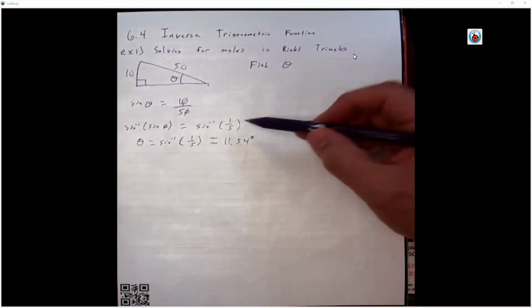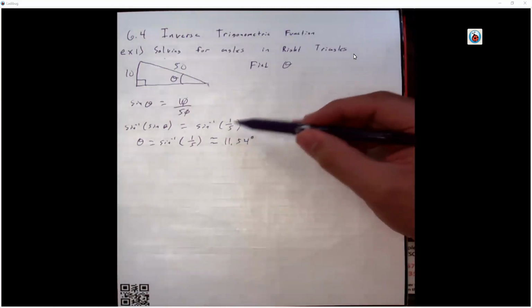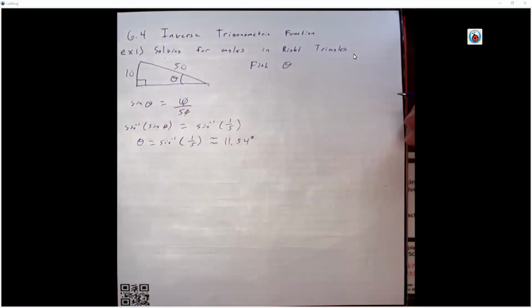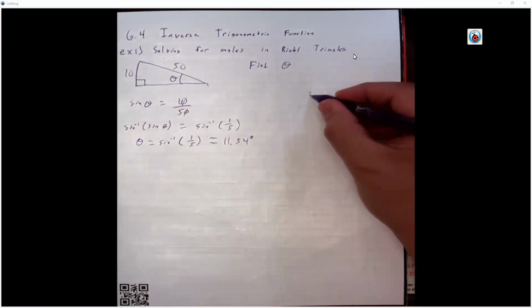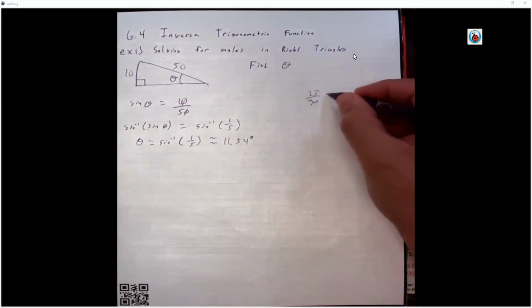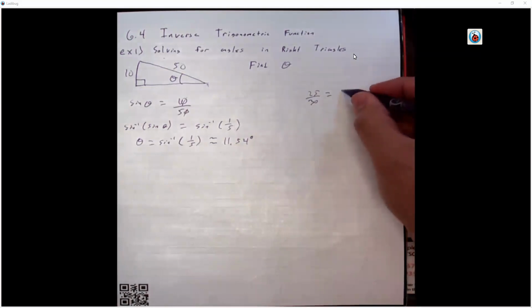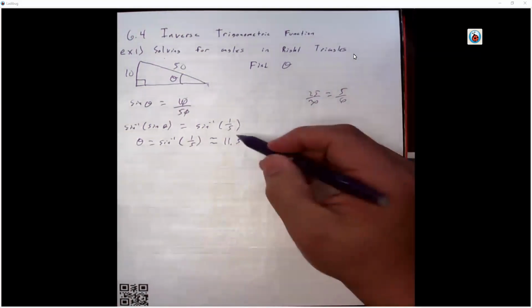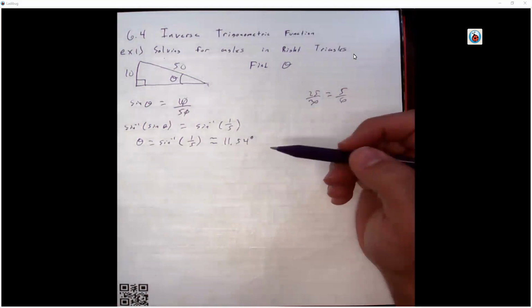I mean, you could just leave it as is, the big fraction in there, it'll still work out. But if you said 25 over 30, that would reduce by a factor of 5, right? 5 over 6. So you can plug either one into the inverse, and it will understand.